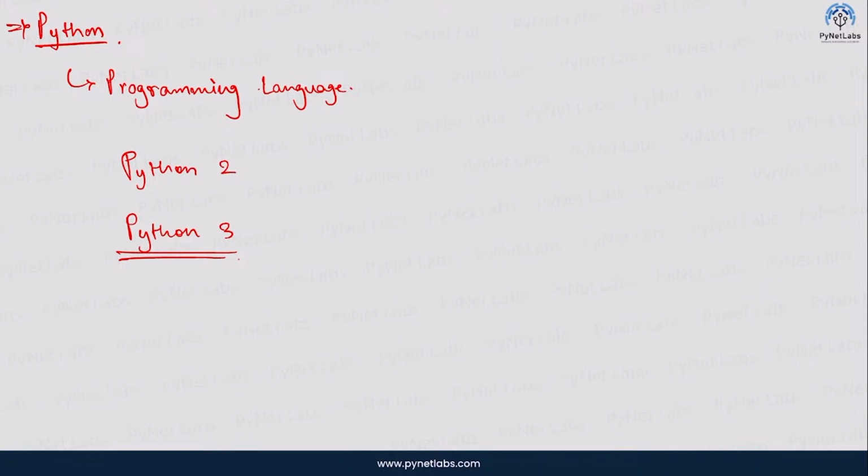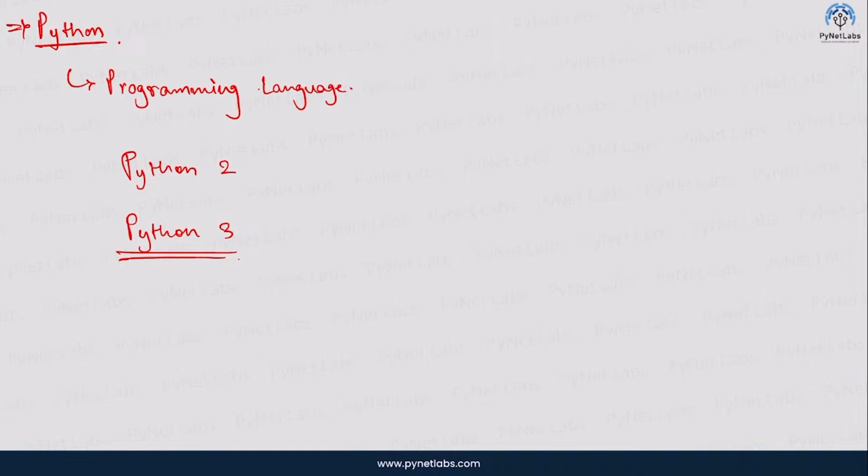Then another question is, what exactly is this programming language helping us in doing? Programming languages are there on your device for each and every task you perform, be it minimizing a window, opening the start menu, or starting some application.